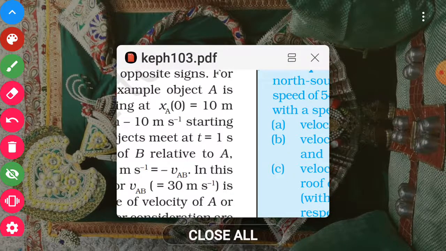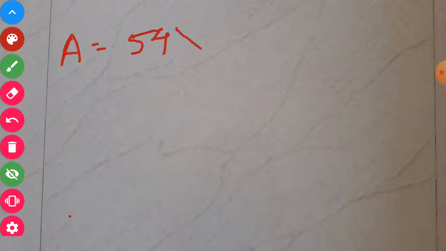To convert that 54 kilometer per hour, the train A is moving with 54 kilometer per hour, so 54 kilometer is converted by multiplying by 1000, and an hour has how many seconds? 3600.